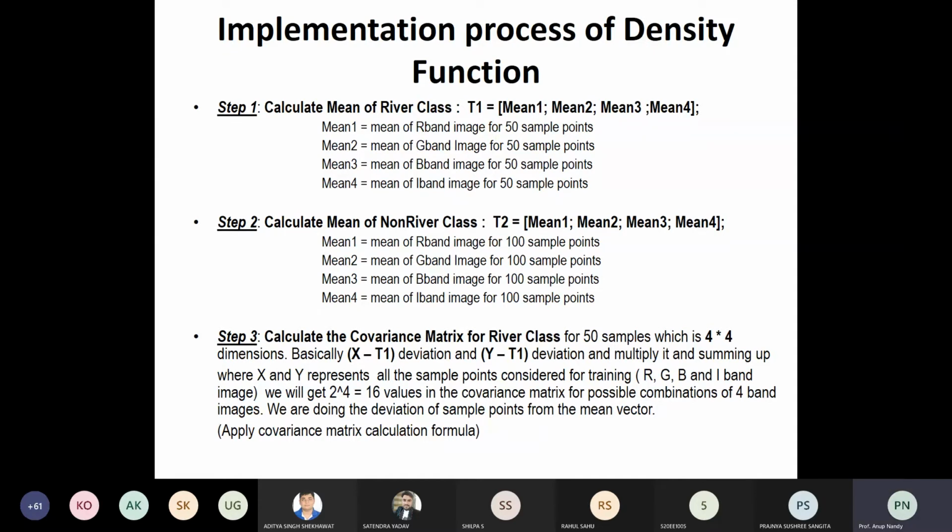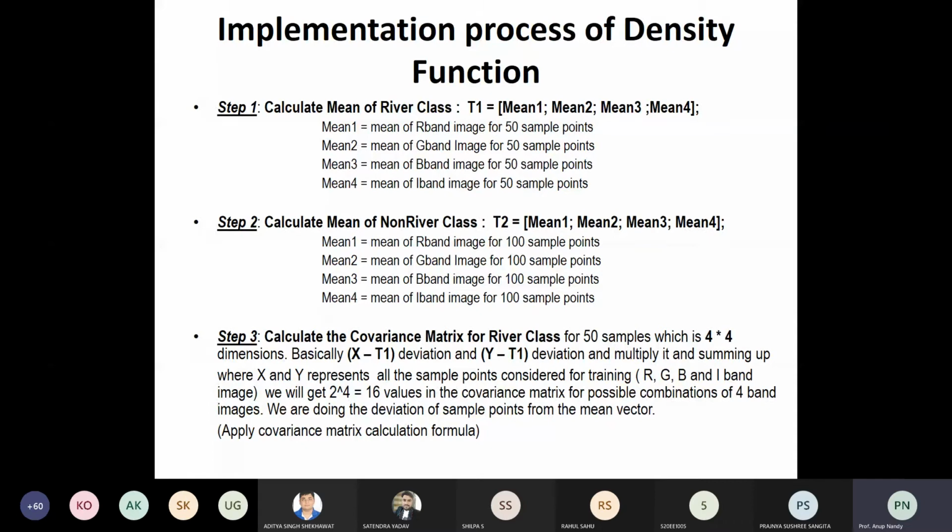Next, COV of B band R band, then B band B band. You have four dimensional images for four bands.